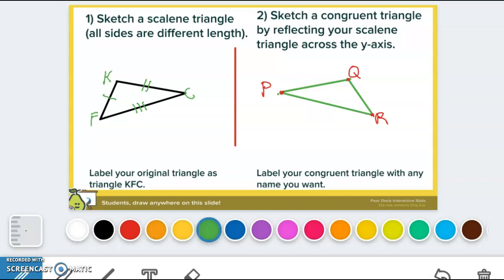Okay, now that we've reflected this, what are the corresponding sides? I know that this is a mirror image, so the side KF here is corresponding to this side right here. I can communicate that they're the same length by putting one notch here.